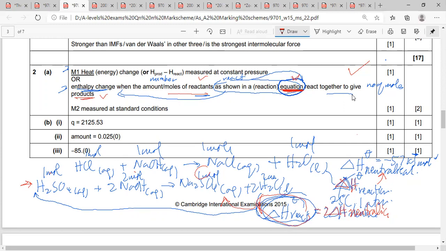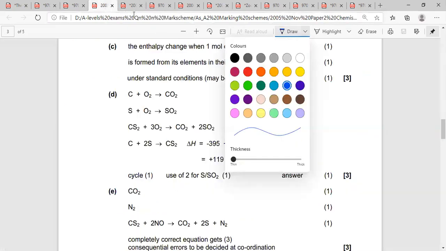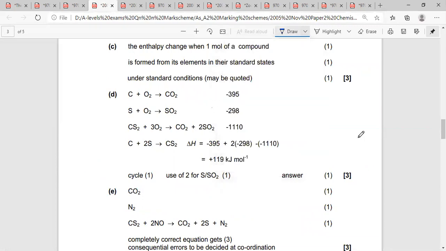And the second one, of course, is measured at some conditions. That's mark 2. Here it is better still to state it: temperature equals 25 degrees centigrade, pressure equals 1 atmosphere. Better to say it like this all the time, under standard conditions, 1 mark.